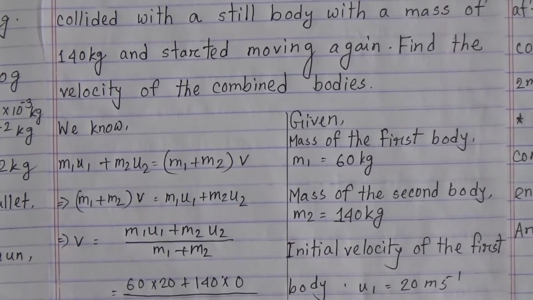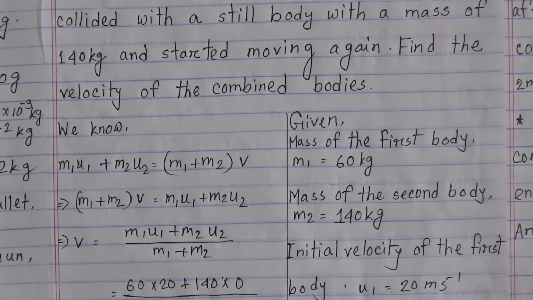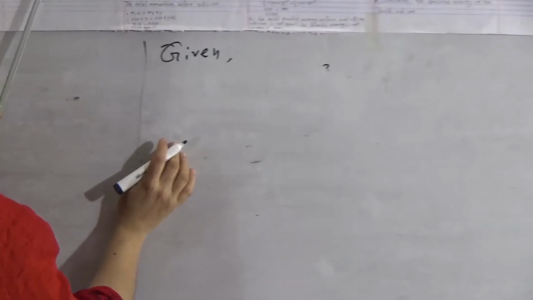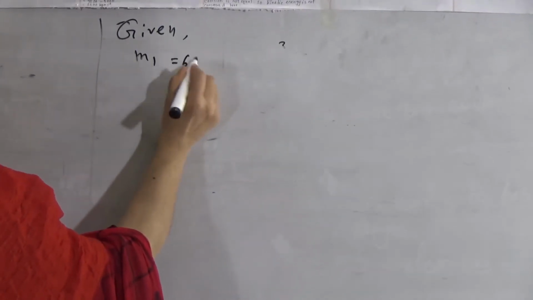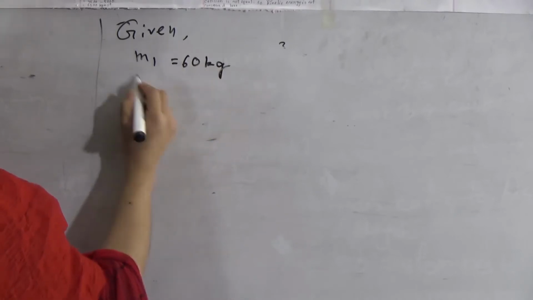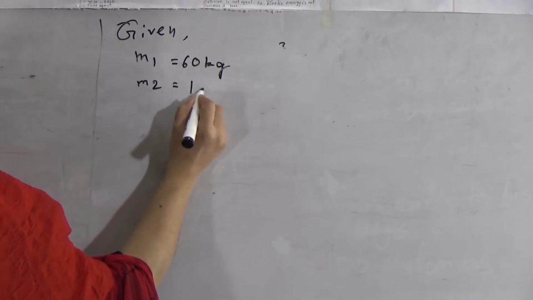Now, given. We'll solve this problem now. So write, given: the mass of the first body m1 is 60 kg, mass of the second body m2 is 140 kg.